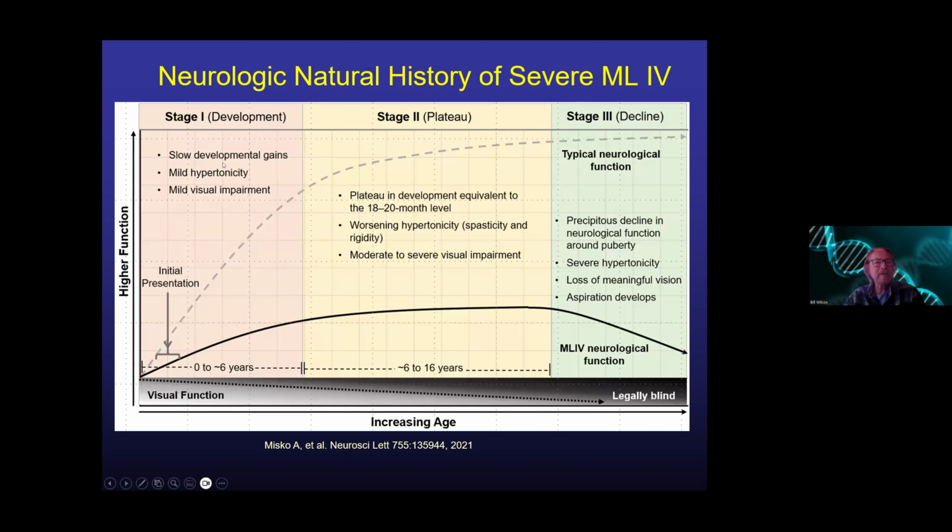So the initial stage of typical ML4, they present with slow development, mild visual impairment, and hypertonia, and then they get worse over time as they plateau, and then they begin to lose their skills, and that can go on for many years until they go into their declining phase, which can be more precipitous, with slow onset of blindness to inability to do anything.